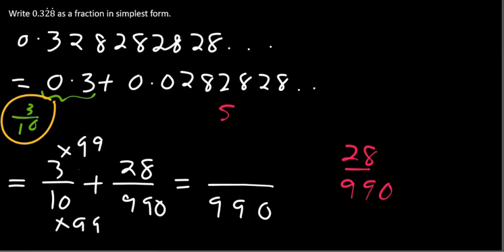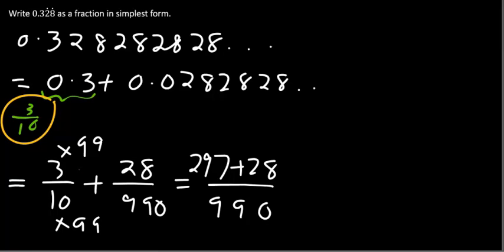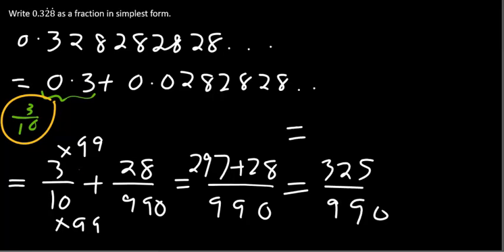So that becomes 297 plus 28, which will give you 325 over 990. Now this can be further simplified by dividing up and down by 5, and that's going to give you an answer of 65 over 198.